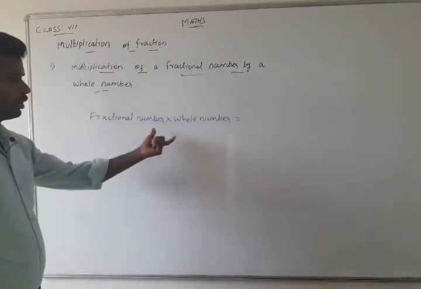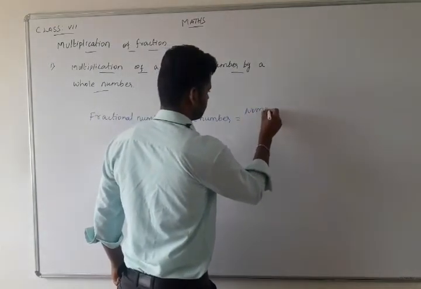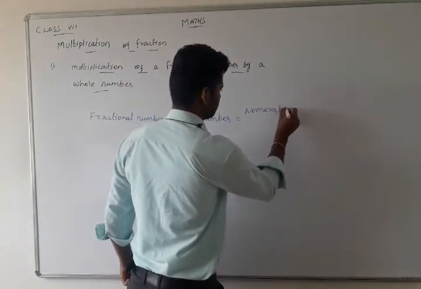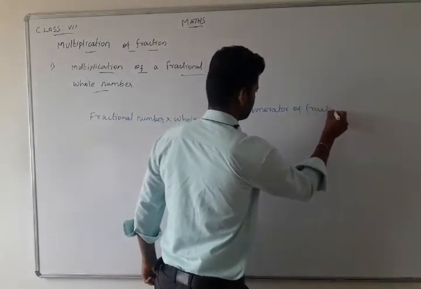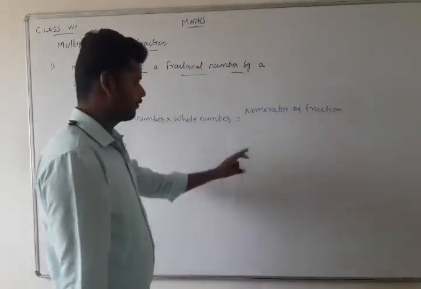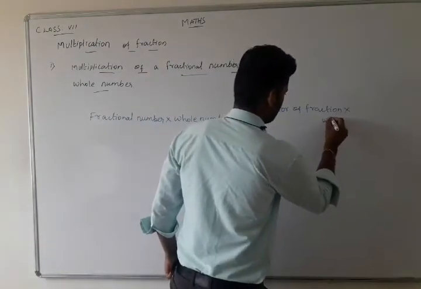How do we multiply? First, multiply the numerator of the fraction by the whole number.